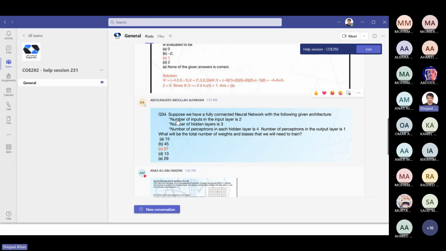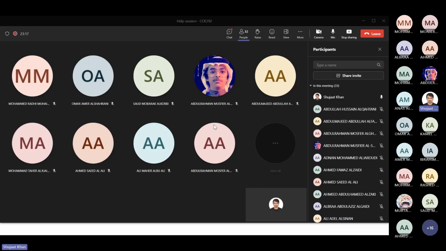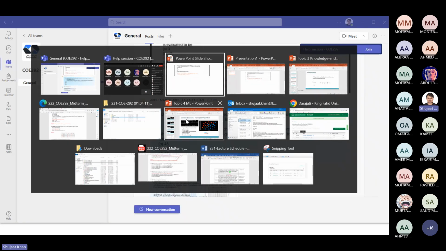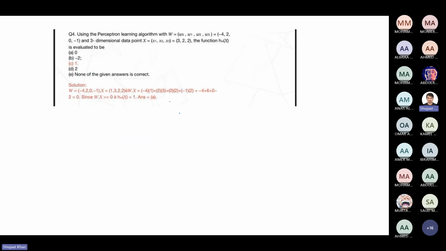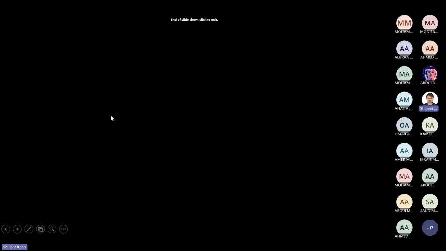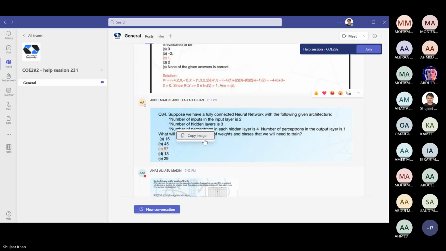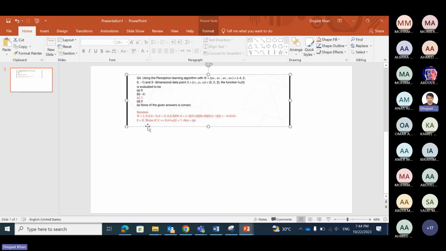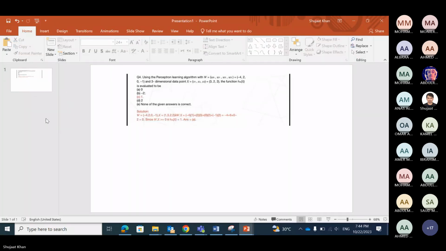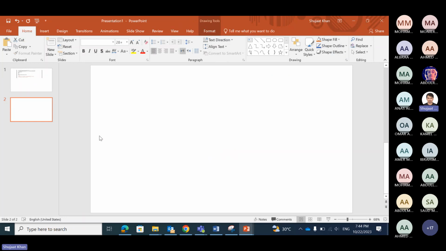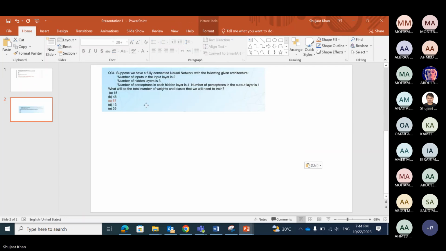Okay, so first we have the input layer, and in the input layer we have two inputs. So this is our scenario. Let's bring the question here.